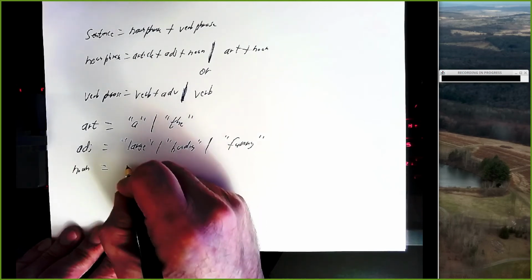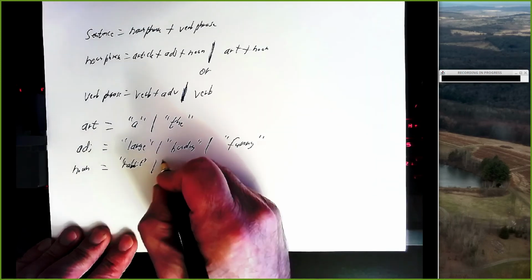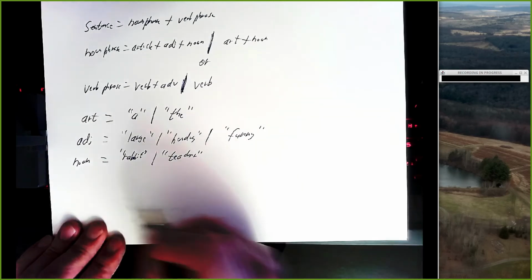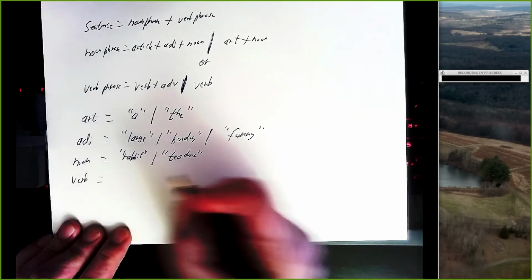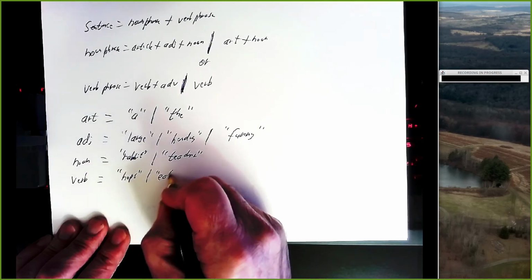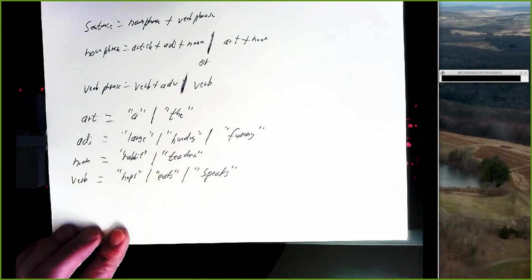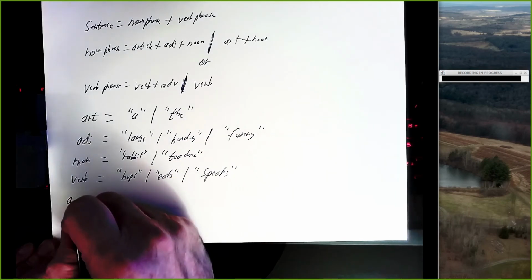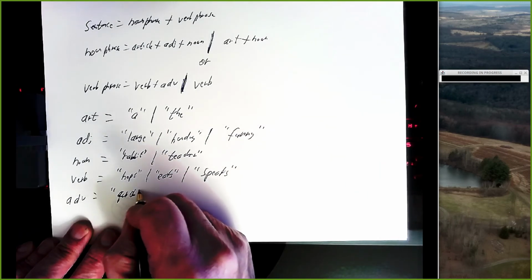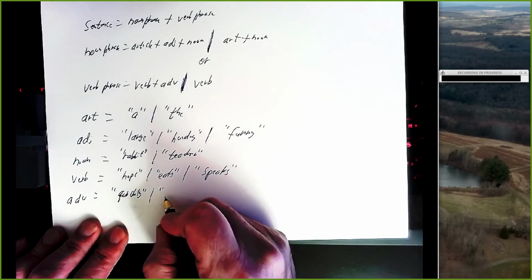A noun is going to be either a rabbit or a teacher. A verb is going to be hops or eats or speaks. And an adverb is going to be quickly or wildly.